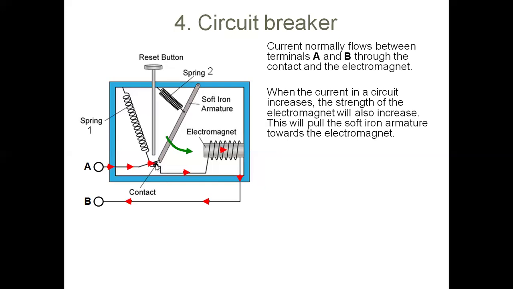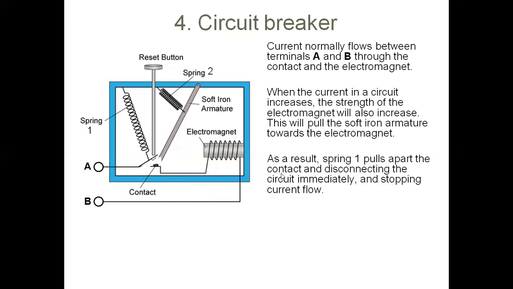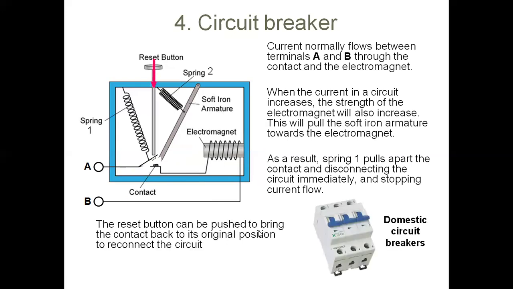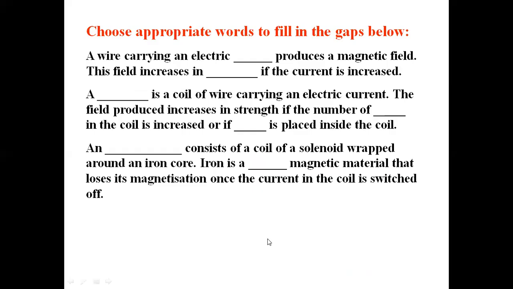When the contact breaks, the current no more flows. Current stops flowing because the armature has moved towards the electromagnet. So first we should find out the fault, and after repairing the fault, we can place the switch back. So this is the diagram of domestic circuit breakers.